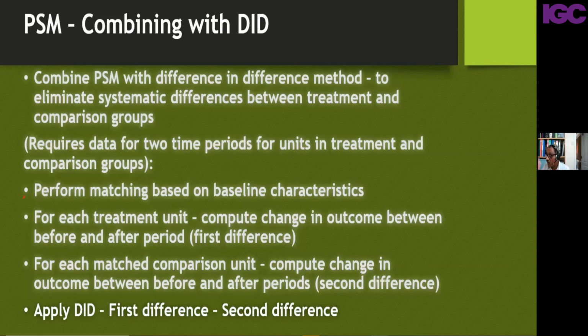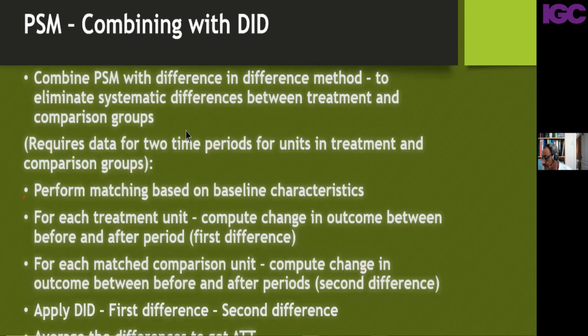And what this helps you to do is to eliminate any systematic differences, including in both observed and unobserved characteristics, just like with DID. But you have to use PSM first to establish the matched counterparts, and after that you apply the difference in difference methods.